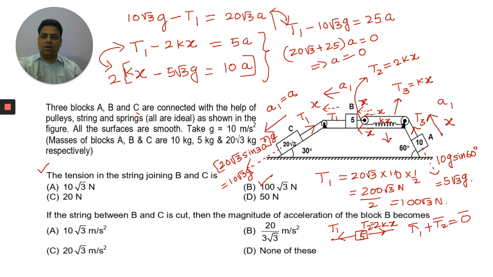For the spring's compression or elongation, some time has to elapse. Already the spring has suffered an elongation x, so it got some elongation because there is some force. Kx is not zero force. So just after cutting that left side string, the right side forces do not change on the 5 kilogram block. Hence the acceleration is that.